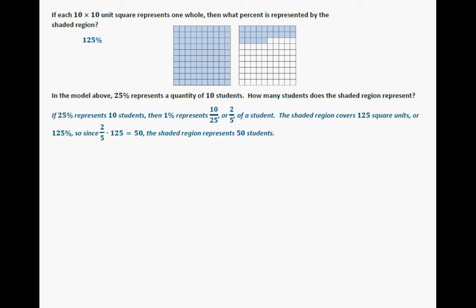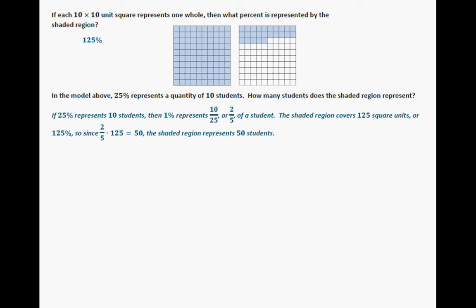Well, if 25% represents 10 students, then 1% represents 10 over 25, or 2/5 of a student. The shaded region covers 125 square units, or 125%. So since 2/5 times 125 equals 50, the shaded region represents 50 students.